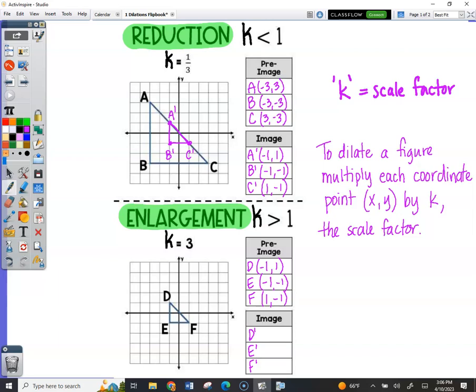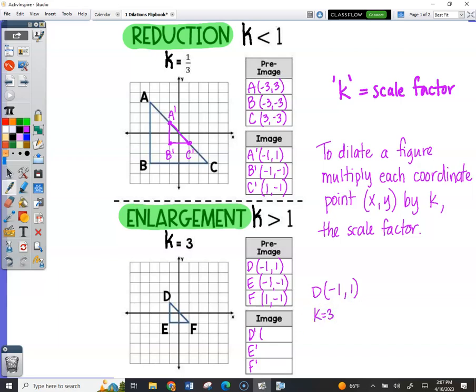All right. So what's D prime going to be? Let me remind you, D is -1, 1. We have a scale factor of 3.